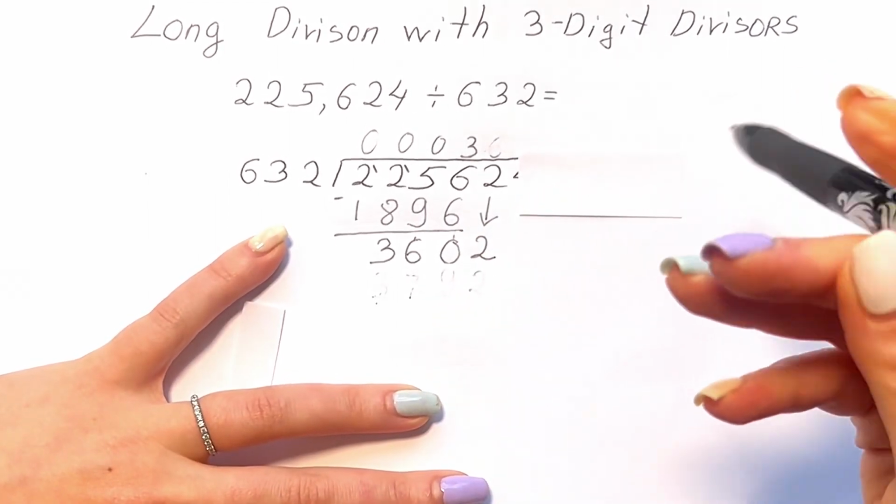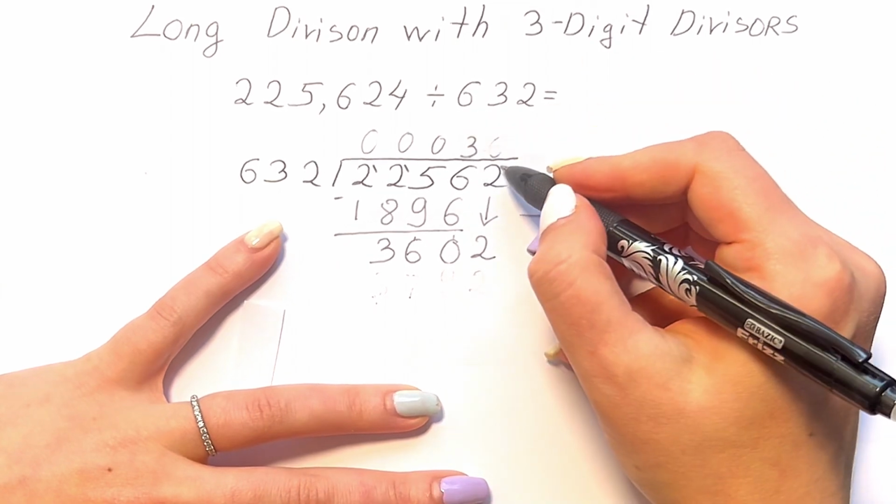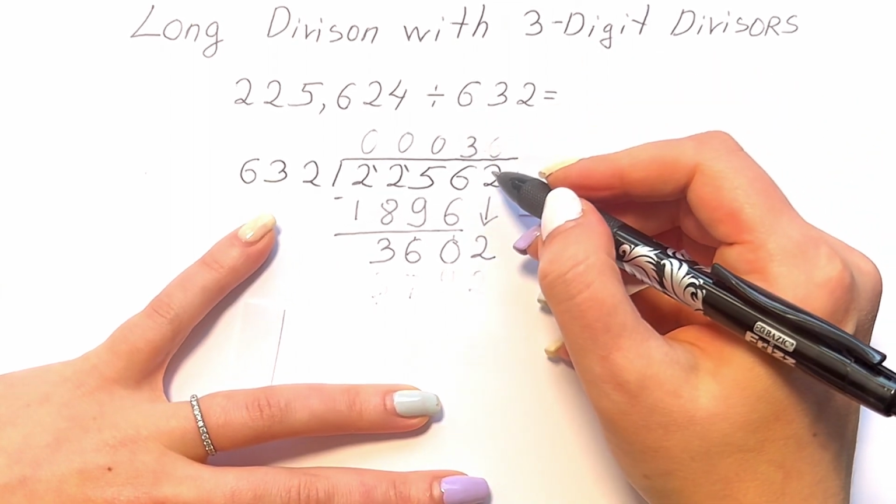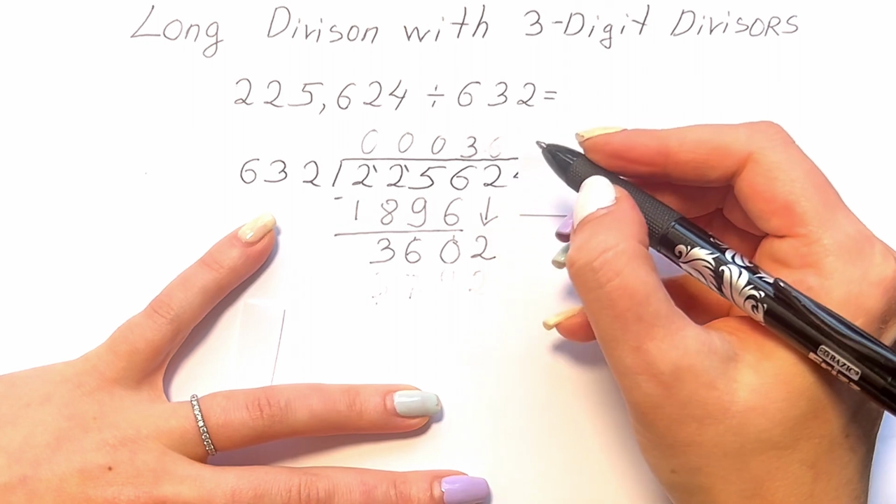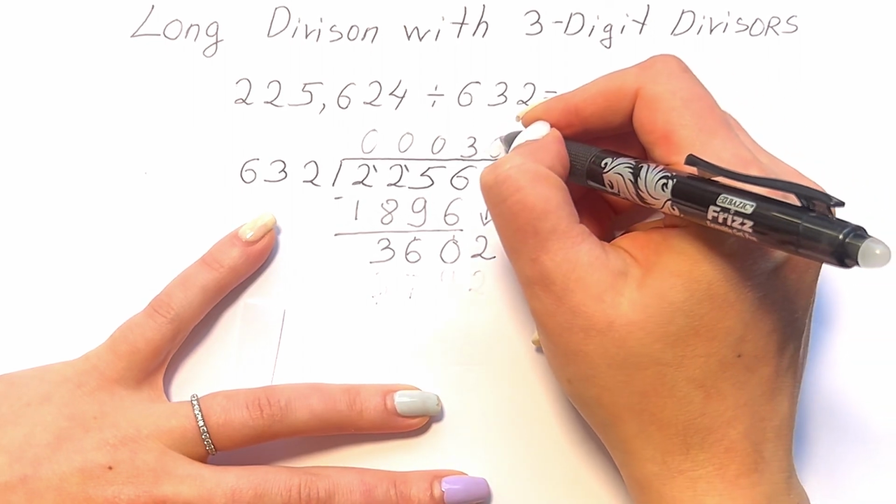Okay, 6 was bigger, so our imaginary number 6 was not working, so we're gonna bring it down one digit, so it's gonna be 5.